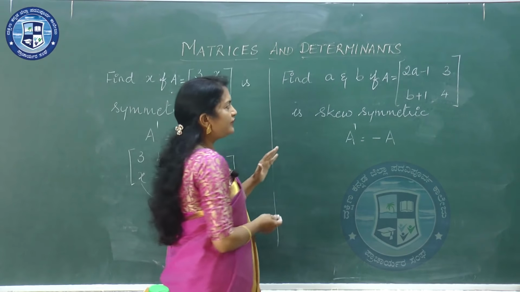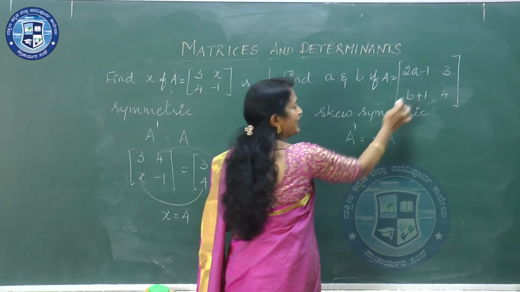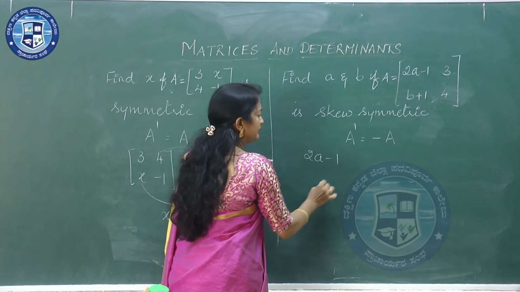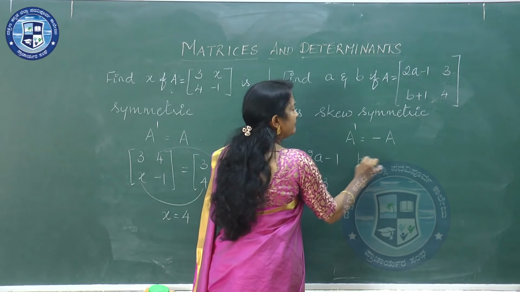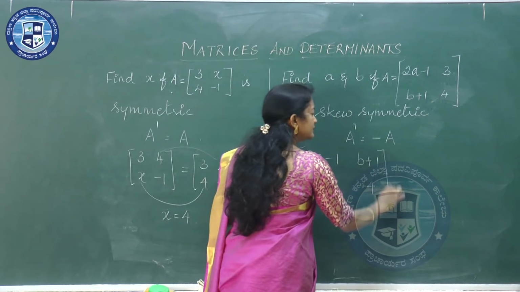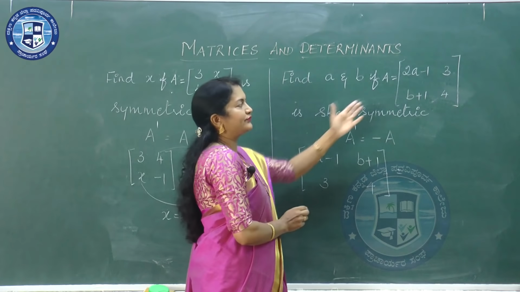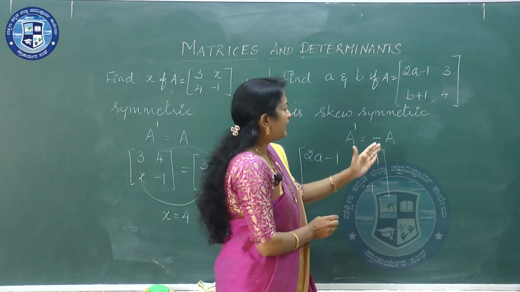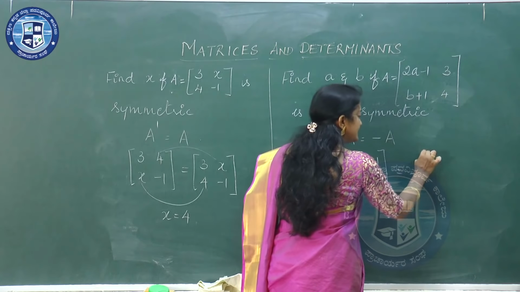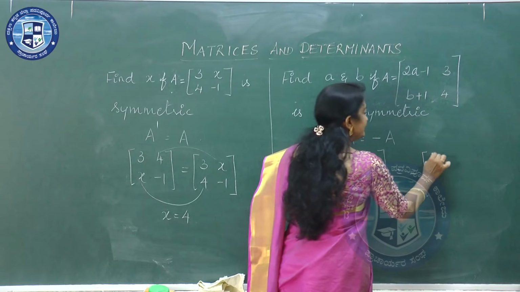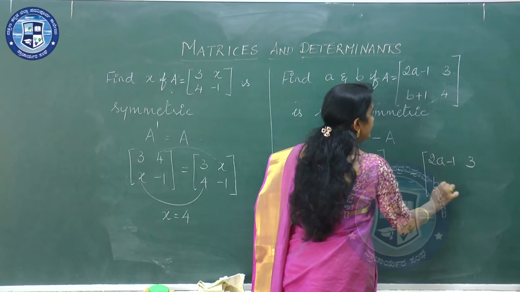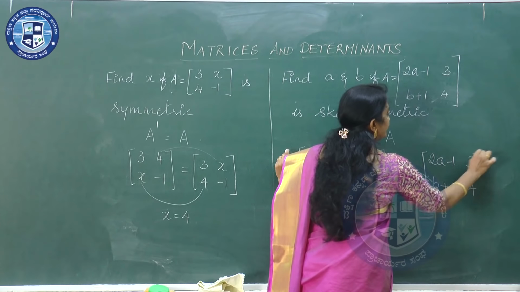Now we will see the transpose of this matrix, 2a minus 1, 3, b plus 1, 4. That is the transpose of the given matrix, and it is equal to minus A, where A is 2a minus 1, 3, b plus 1, 4.